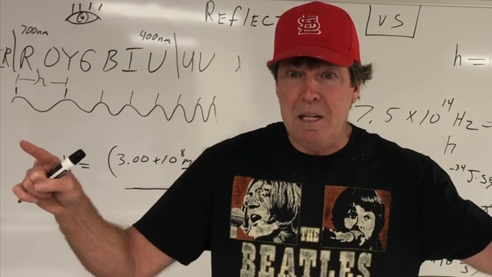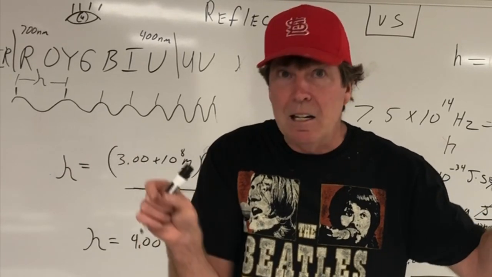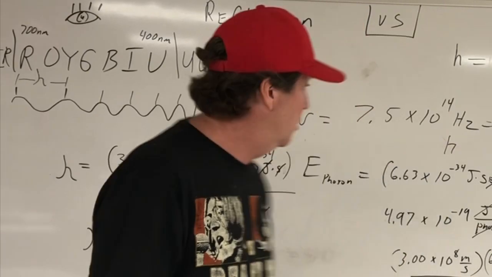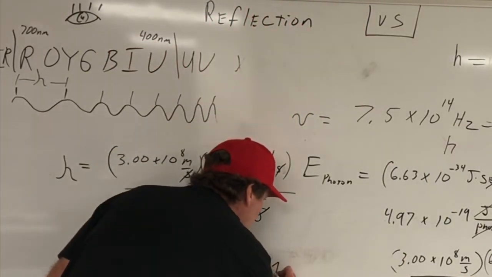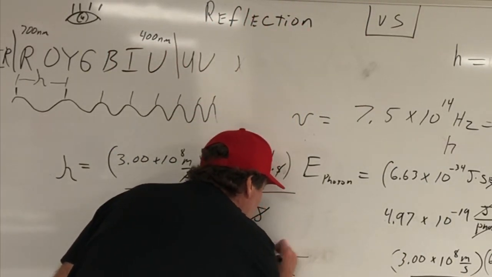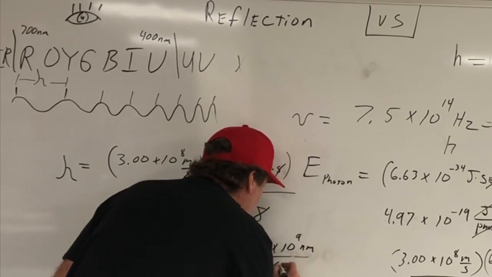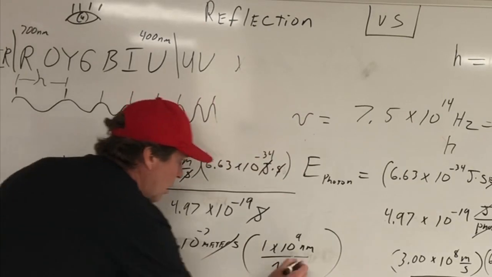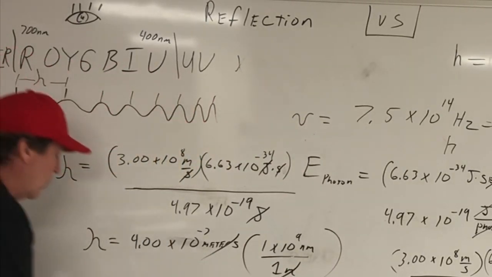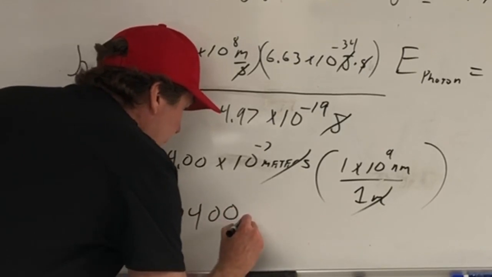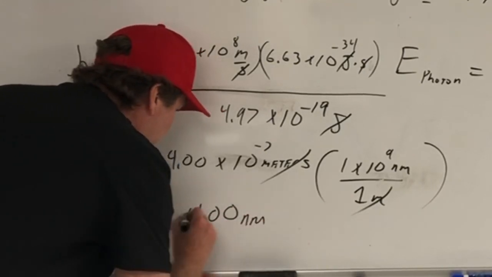So you take that meter stick and you divide it a billion times, and then you can use that relationship for a conversion. Meters cancels. We're going to be left with 400 nm.